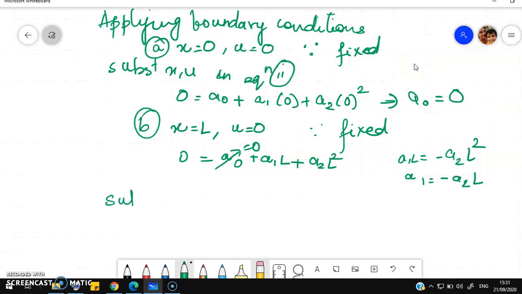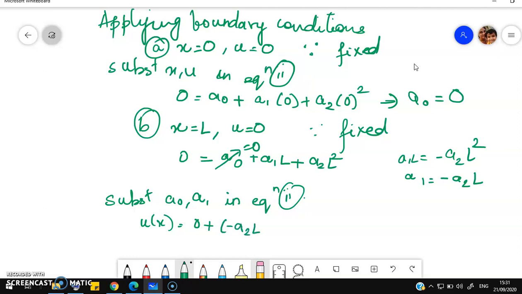Let us substitute a0 and a1 in equation 2. We get u of x equals a0 is 0 plus a1 is now minus a2L into x plus a2 remains as it is.